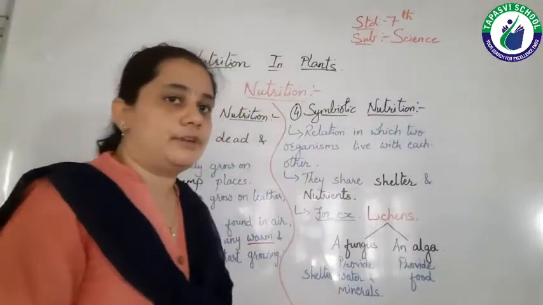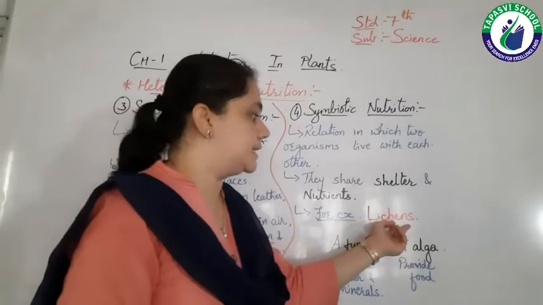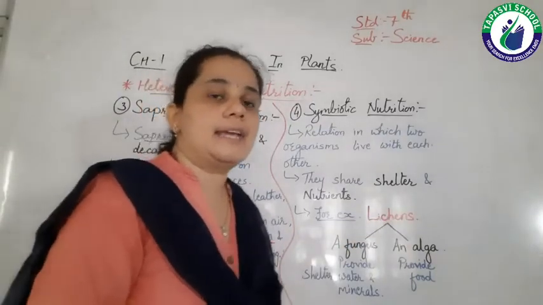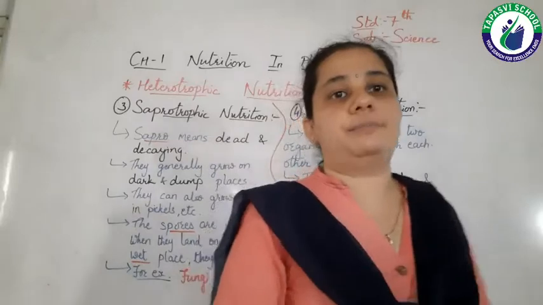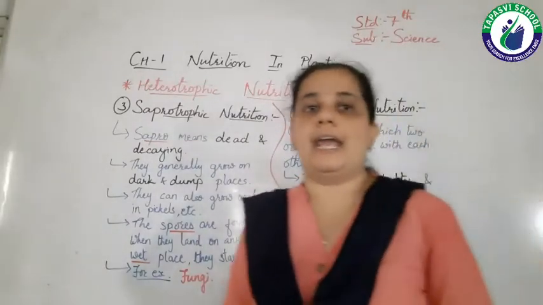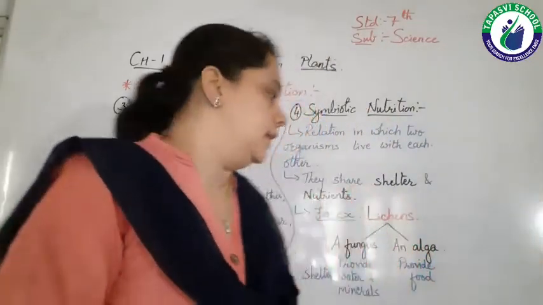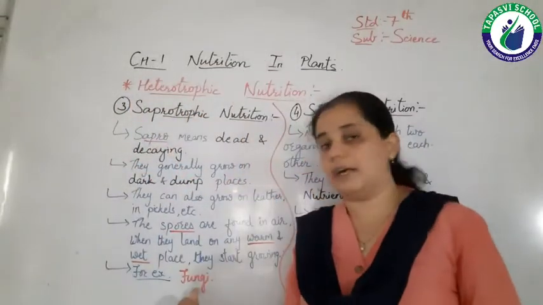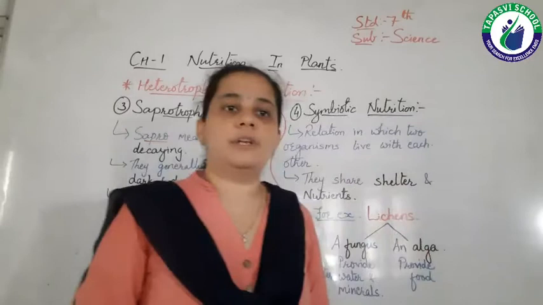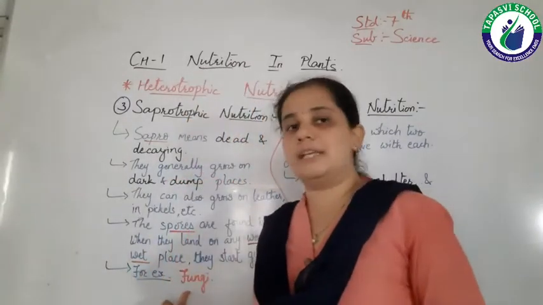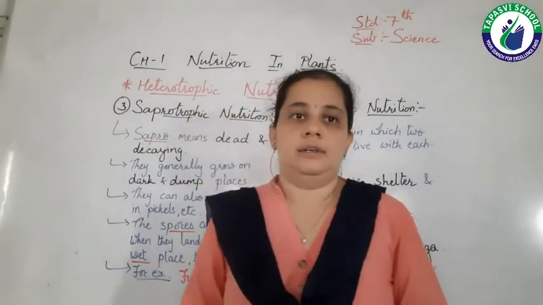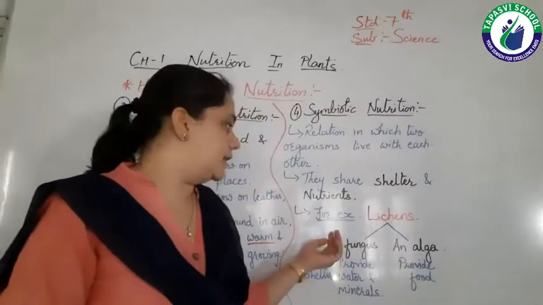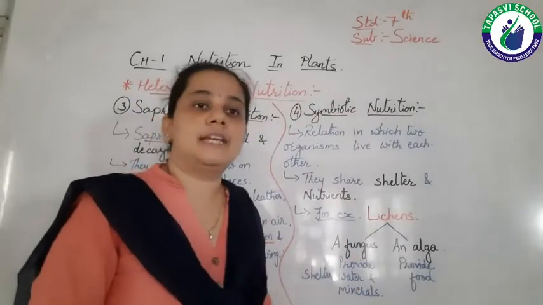Another example of symbiotic nutrition is lichens. Lichens means a relationship between an alga and a fungus, right? Here we are writing fungi. So what is the difference between these two? Fungi is plural, and fungus is singular.